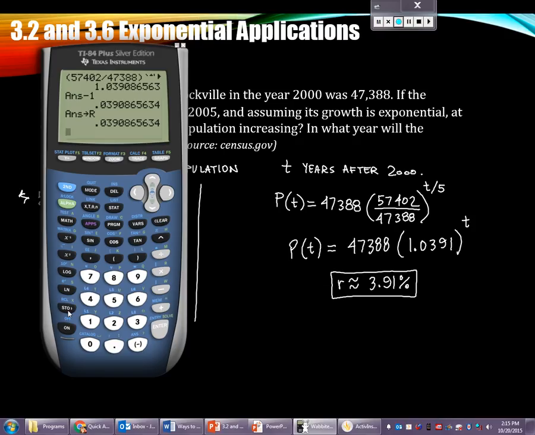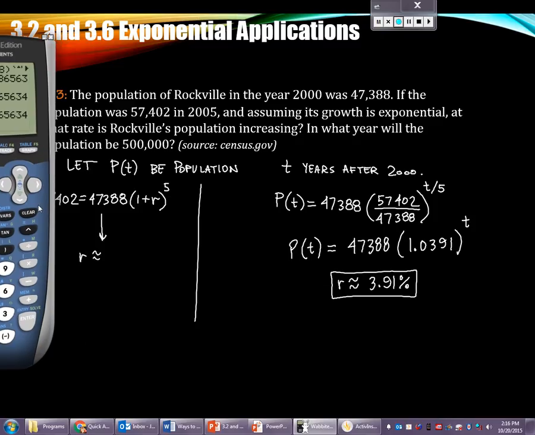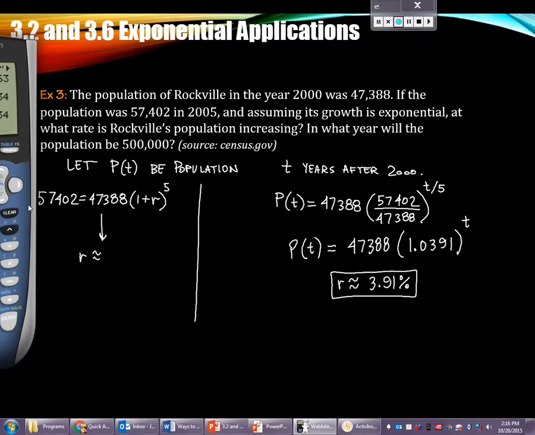Okay, promise. All right, how are we doing on answering the question? What is the rate that it's growing per year? It's 3.91% per year, or 23% per 5 years, 21% over 5 years, which is equivalent to 3.91% in a given year. That's what you'll get over here if you use this method too.